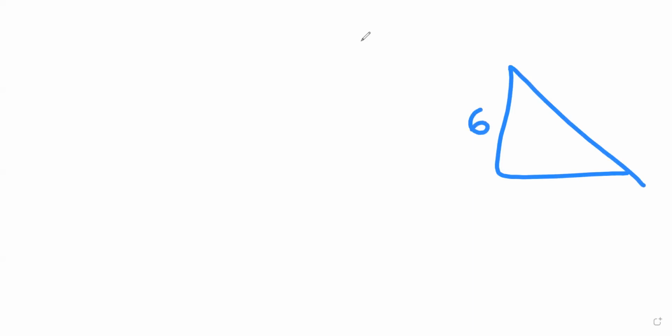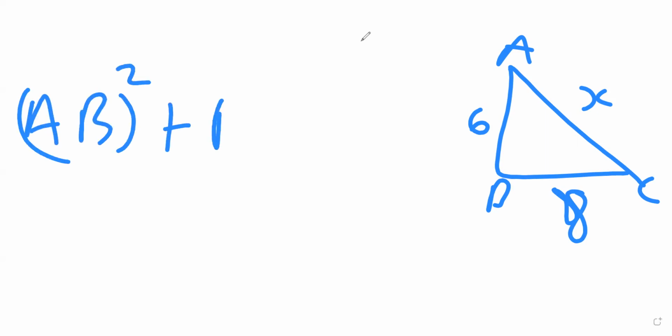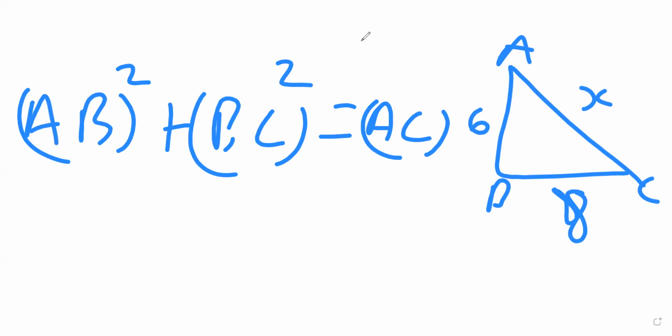I had 6, I had 8, this was x, this was A, B, C. So I could say AB all squared plus BC all squared is equal to AC all squared.